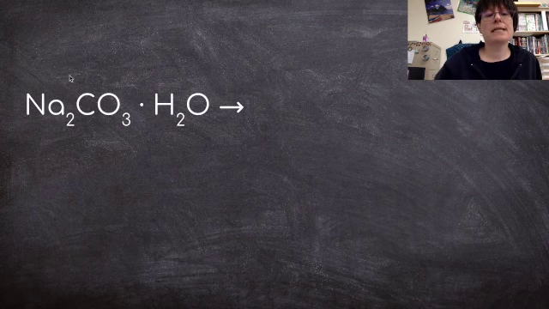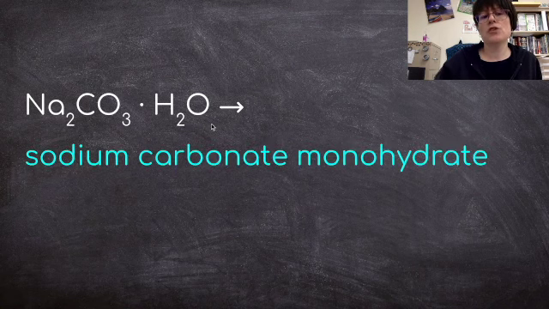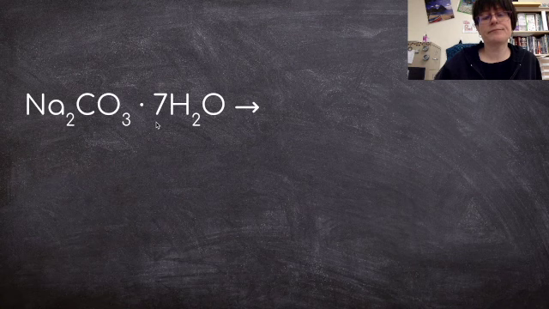Okay, we're going to take the same thing, sodium carbonate, and we're going to put water on it. There's only 1 water here. We don't write the number 1 out in front of it. So this is sodium carbonate monohydrate because there's 1 water in the formula. Now we're going to have 7 waters. The prefix for 7 is hepta.